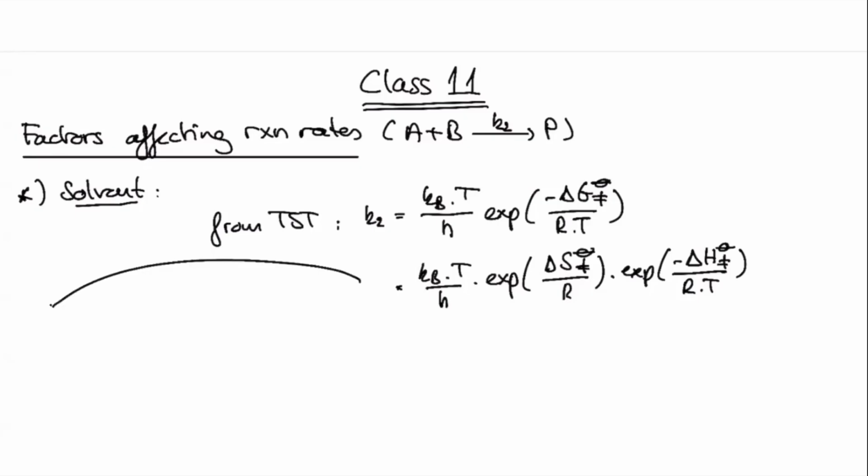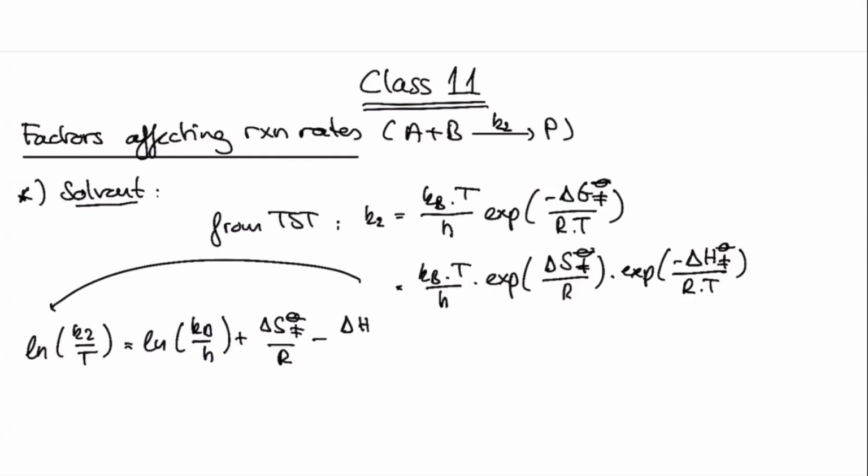And just for fun, let's take ln of both sides and divide by temperature. So we get k2 over T is ln Boltzmann over H plus delta S standard of transition state over R minus delta H of the transition state standard over RT.